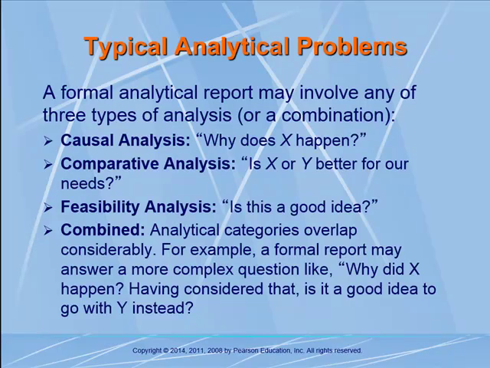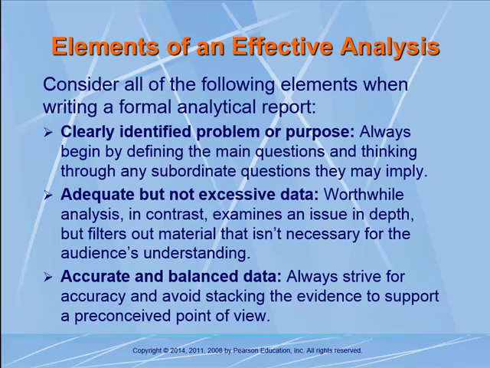Or you may be using a comparative causal analysis. If we do this, what will happen next? Or trying to solve a problem, could this be the problem? Well, let's look at the things that make us think that might be the problem. Okay, well, now let's look at this other possible cause and see if that might be the problem and compare them to see which is more likely the cause of the issue.